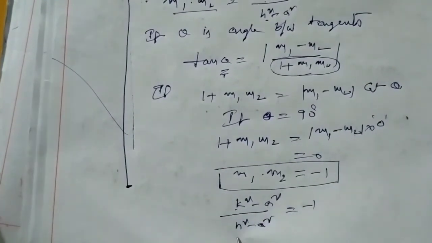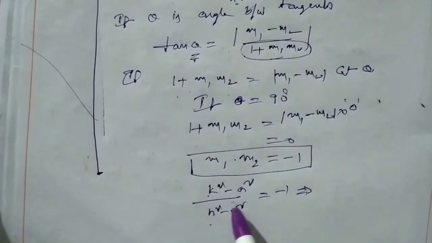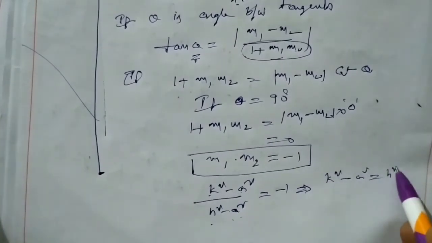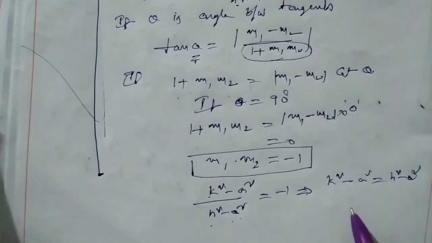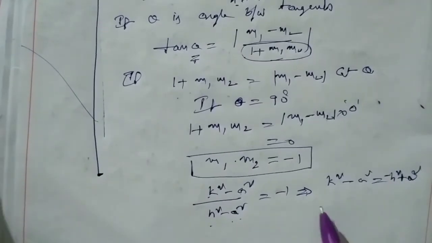So k square minus a square is equal to minus of h square minus a square, that is, minus 1 times it.